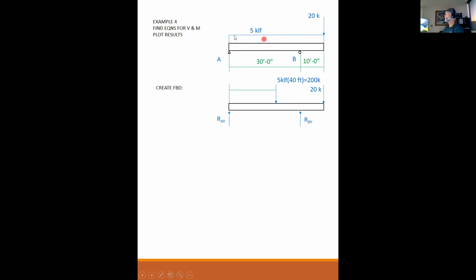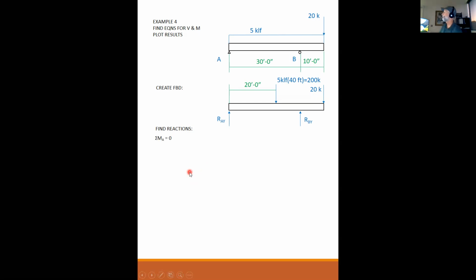So the resultant of this uniform load is a 200 kip point load applied at 20 feet, which is half of the 40. Okay, is everybody cool with that? Yep.